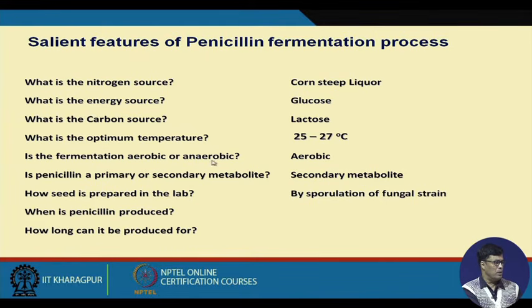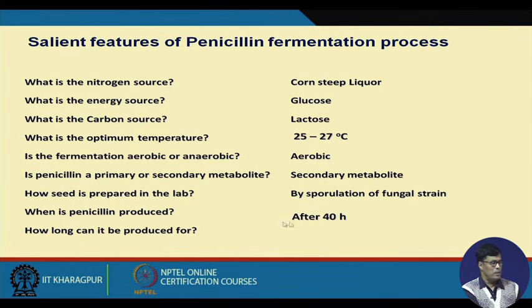The fermentation is aerobic, and penicillin is a secondary metabolite. The seed is prepared by sporulation of the fungal strain, but we don't use this for the production fermenter. We inoculate the inoculum vessel to get the vegetative cells, and that is used as the inoculum for the production fermenter.